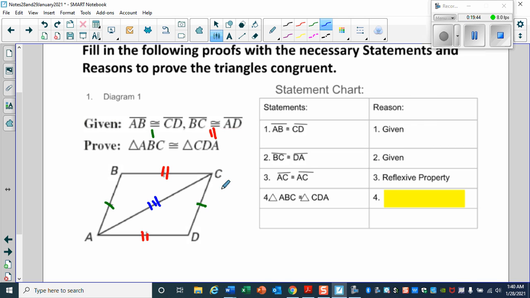That's the reflexive property because both triangles in the end are sharing that same side.